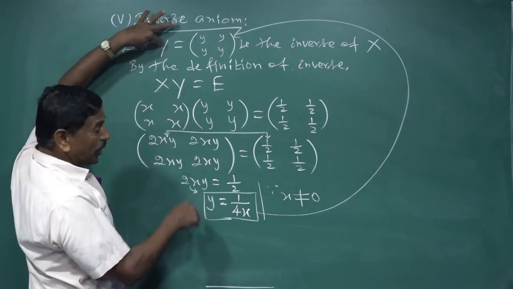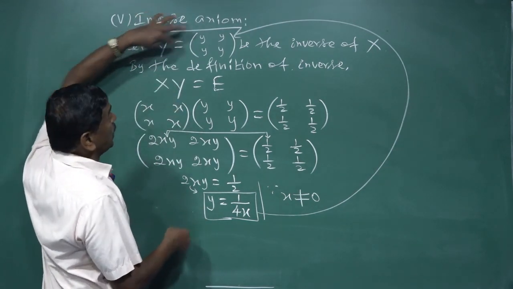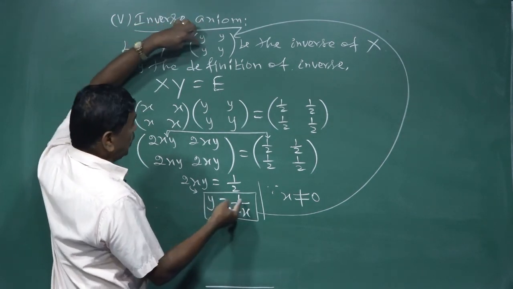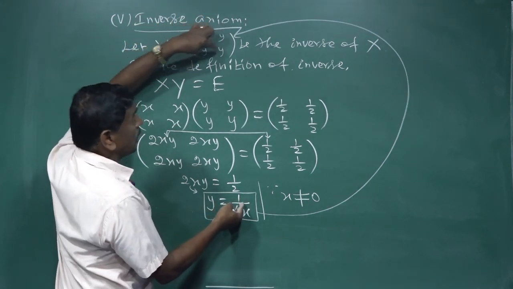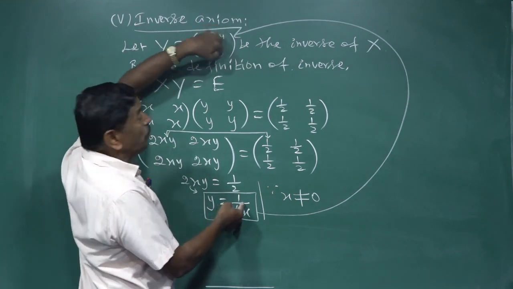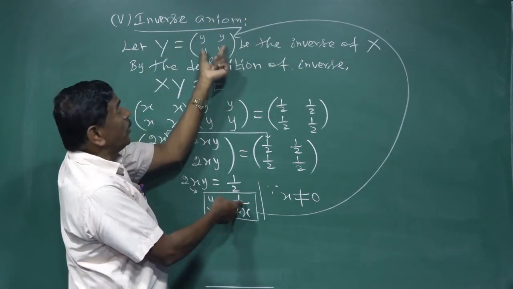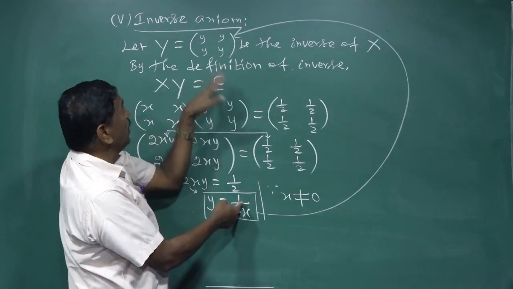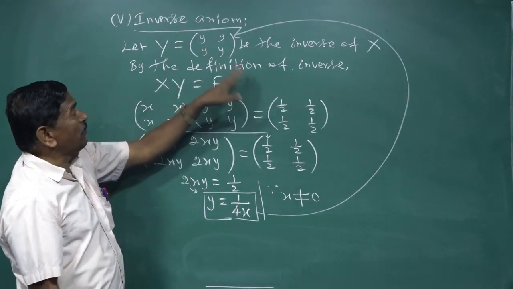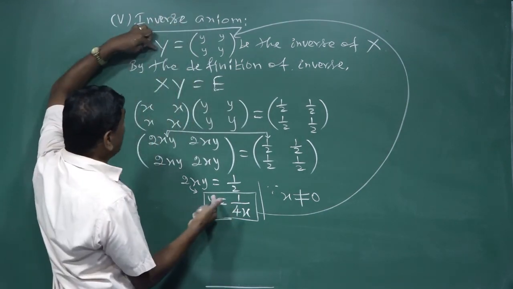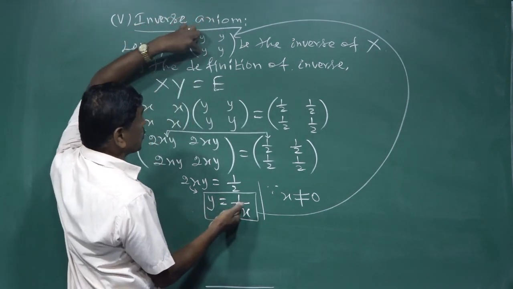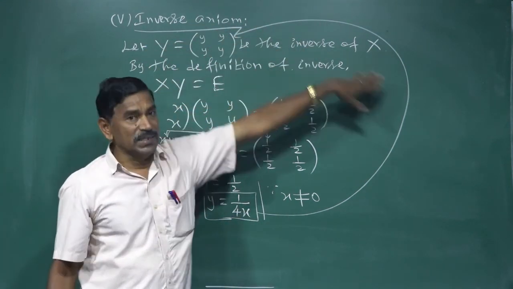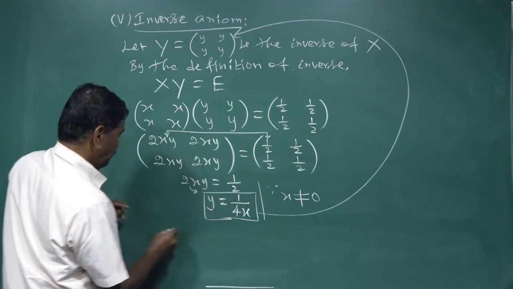Therefore, listen carefully, capital Y is equal to, substituting small y equal to 1 by 4x, 1 by 4x, 1 by 4x, 1 by 4x, 1 by 4x. This belongs to M, because a 2 by 2 matrix of the same entries belongs to M. Therefore, the inverse of x, that is capital Y, equal to 1 by 4x in every entry, belongs to M and is an inverse of x.